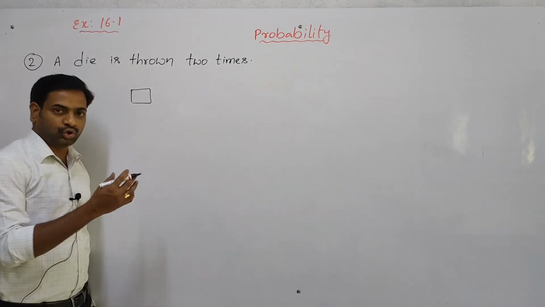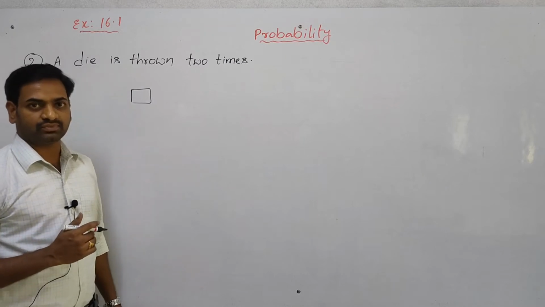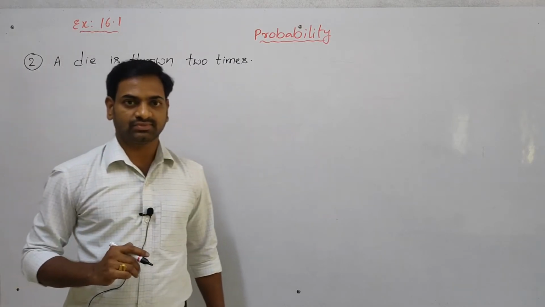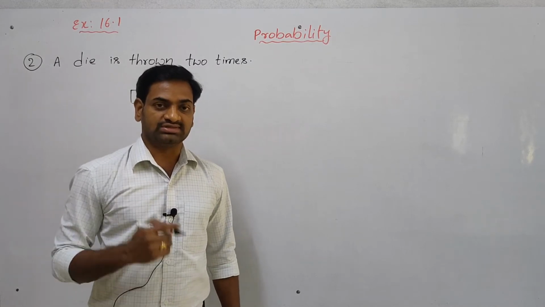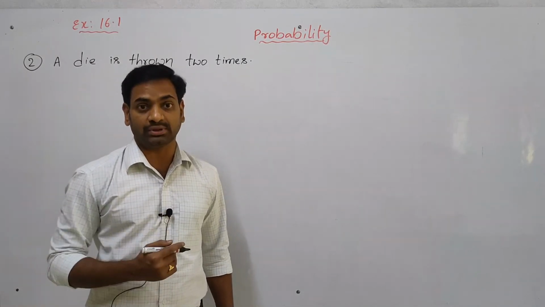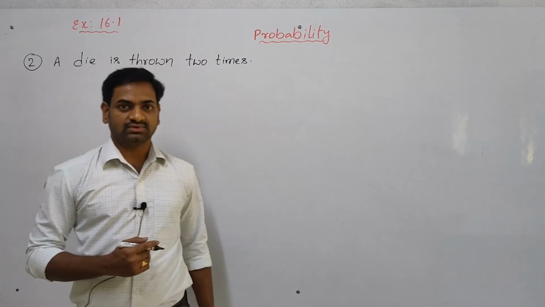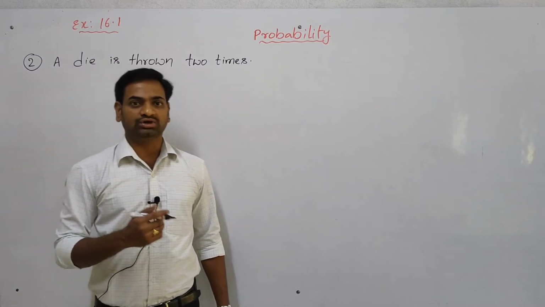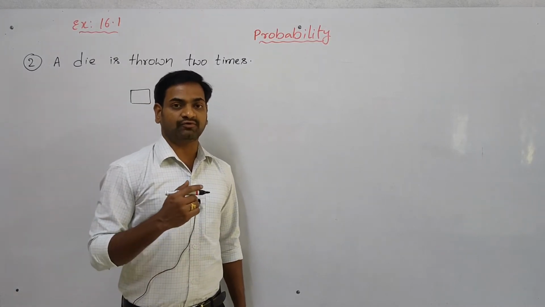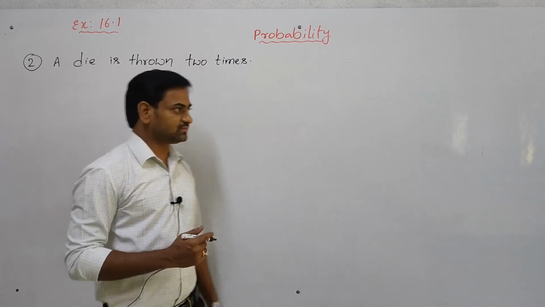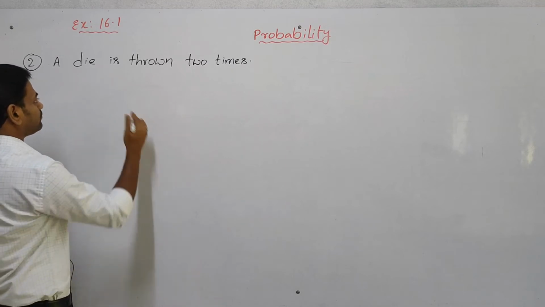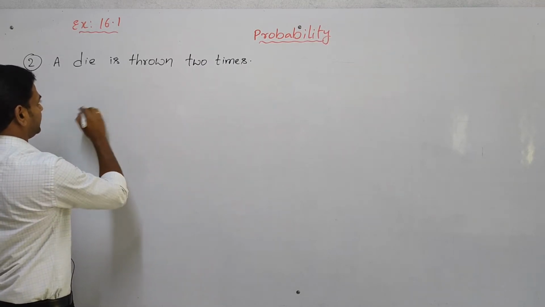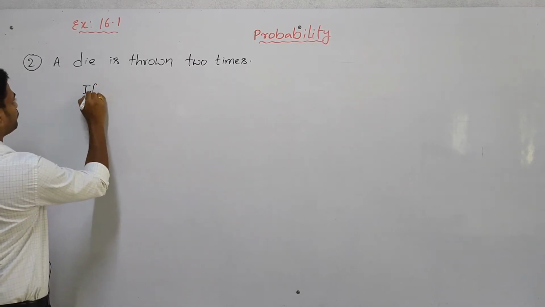Now if we throw a die only once, the number of outcomes, the number of results, is how many? 6. Results is nothing but outcomes. So the number of outcomes is 6.